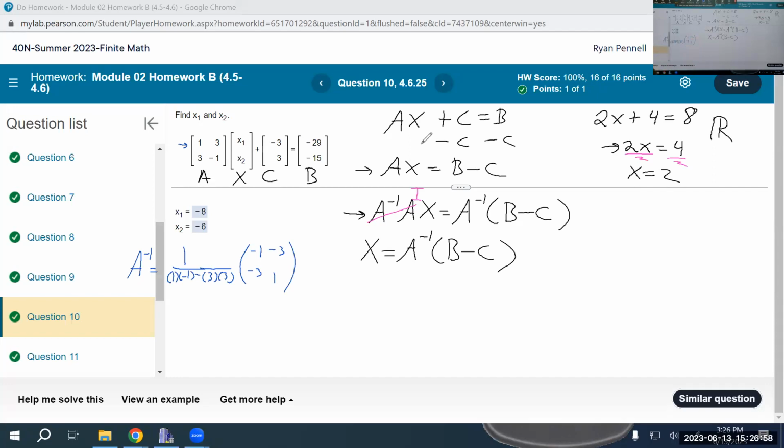Okay, and that is -1 minus 9, so that's -1/10.